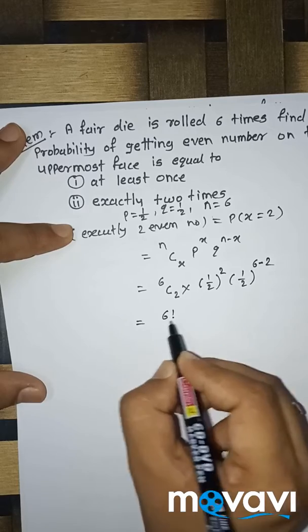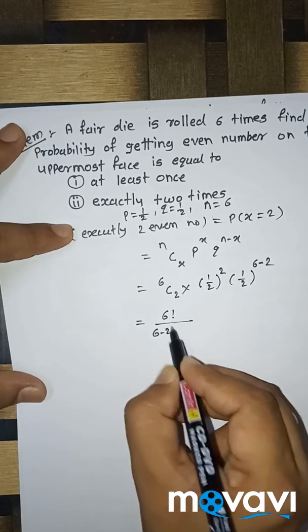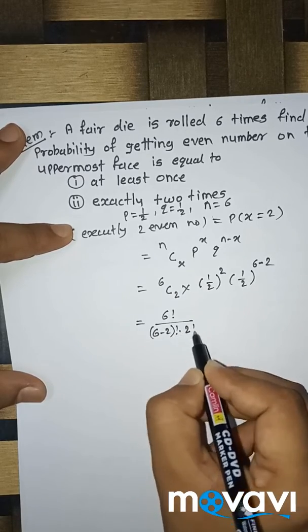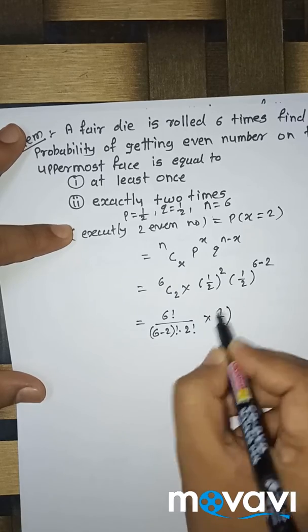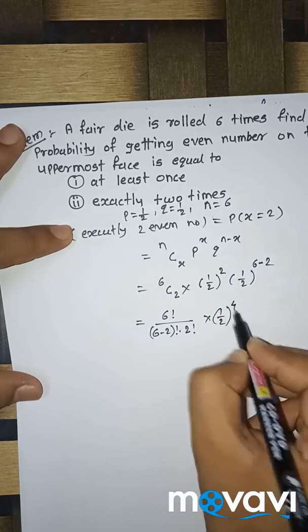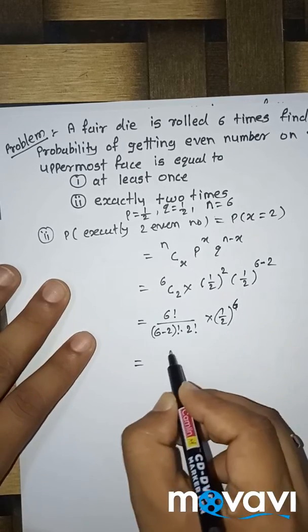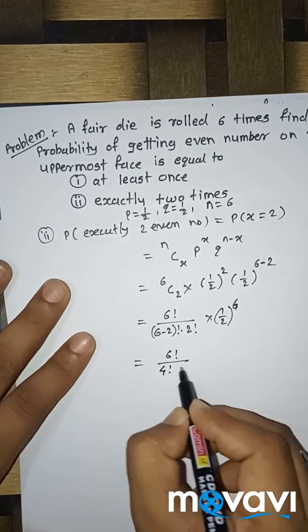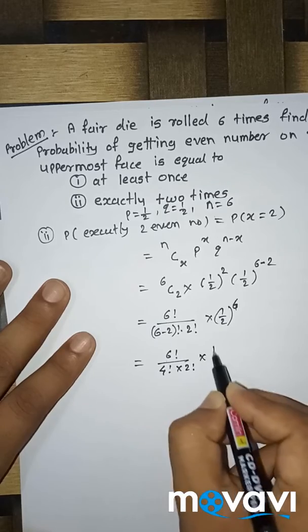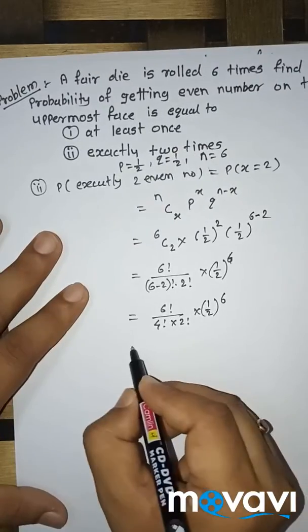This is equal to 6 factorial upon (6 minus 2) factorial into 2 factorial, into half raised to 2 into half raised to 4, which means half raised to 6. This is equal to 6 factorial upon 4 factorial into 2 factorial, into half raised to 6.